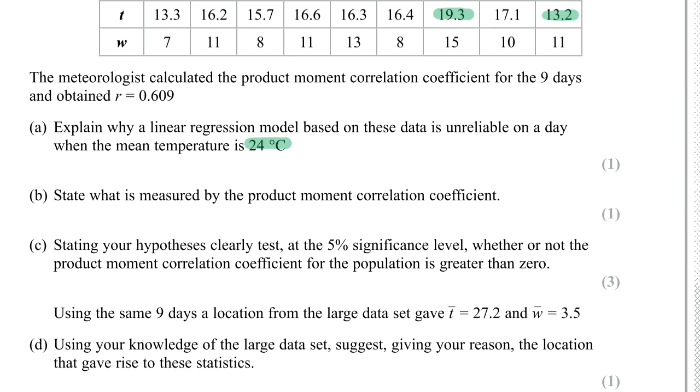Finally, looking at 2D, it says that another location gave a set of data with T bar, that's the mean, is 27.2, and W bar is 3.5. So the 27 degree temperature, if you look at these above here, these are all sort of in the teens. The 27 suggests it's higher than the UK.